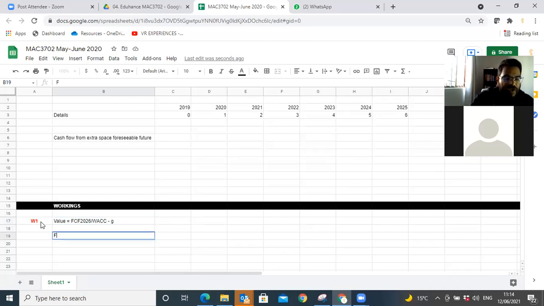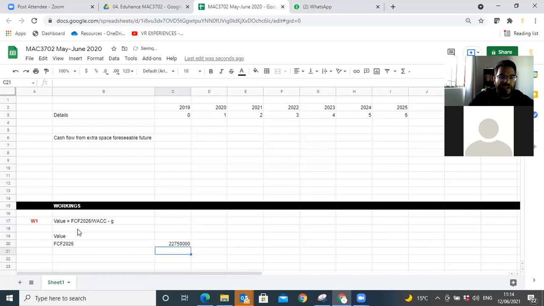So the free cash flow 2026 was given to us as 65,000 Rand per annum, but it is for 1 store. There are how many stores? There are 350 stores. So 65,000 times 350 stores.